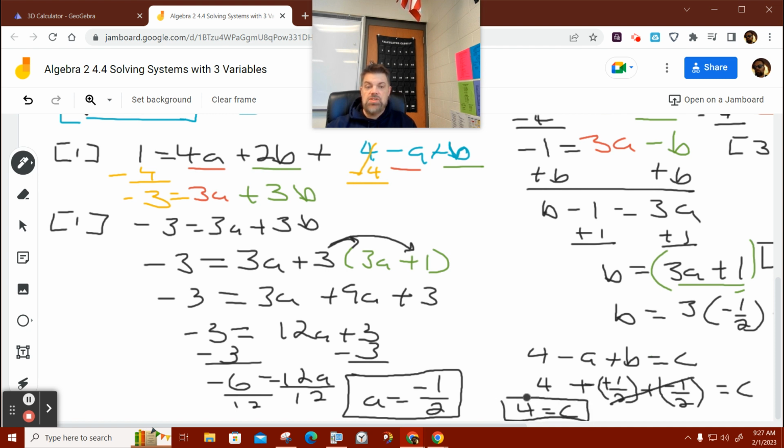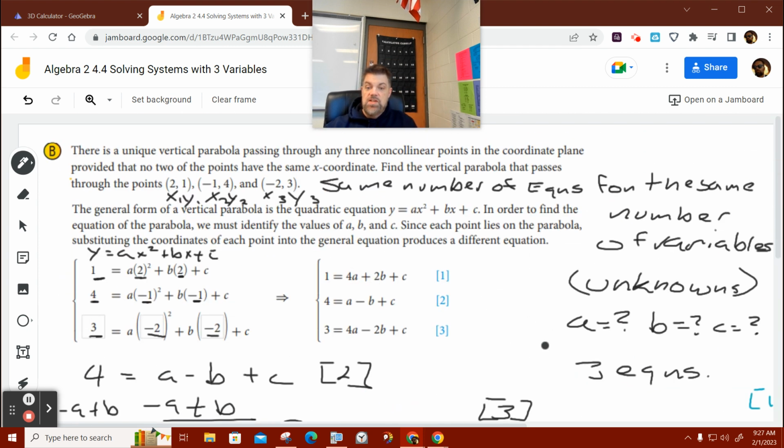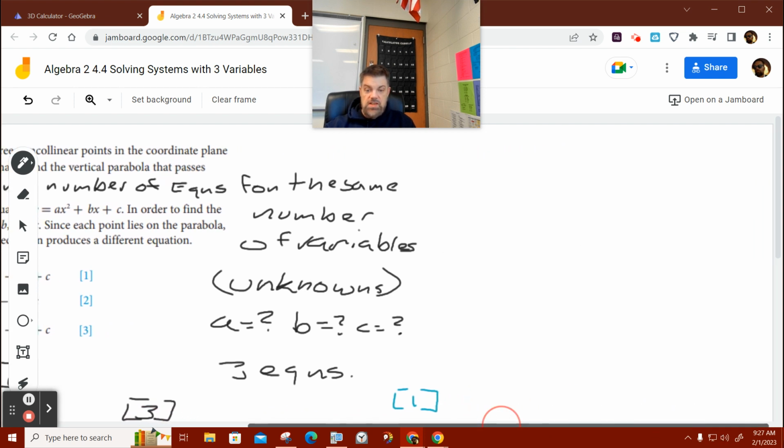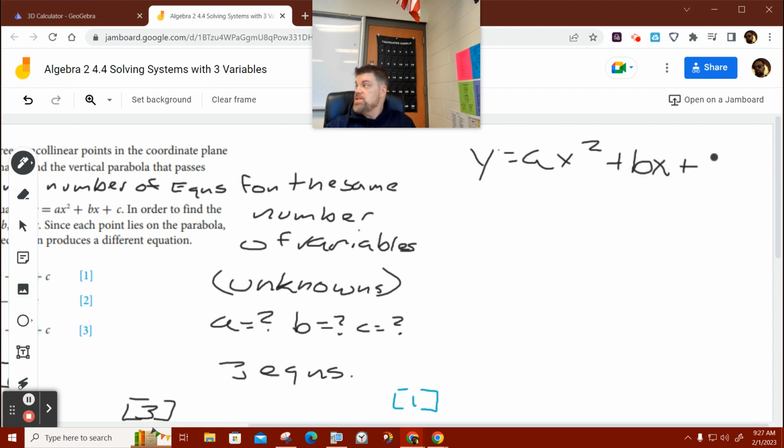Now remember, the equation was we got to find ax squared plus bx plus c. So to solve this, what is the equation? Well, the equation, and I'll zoom out so you can write this down, should be y equals ax squared plus bx plus c. So we just plug that in.